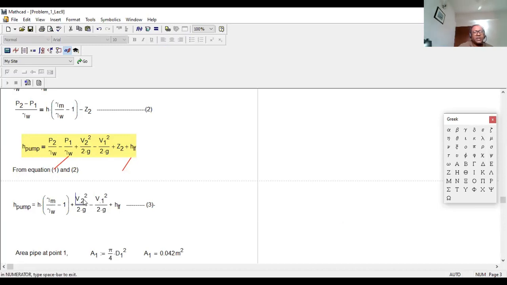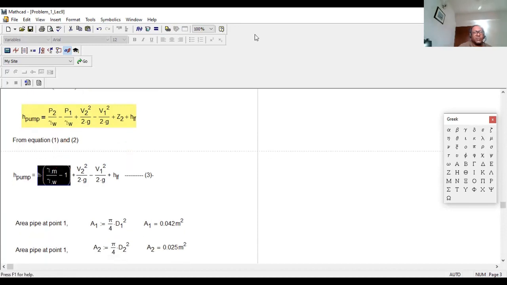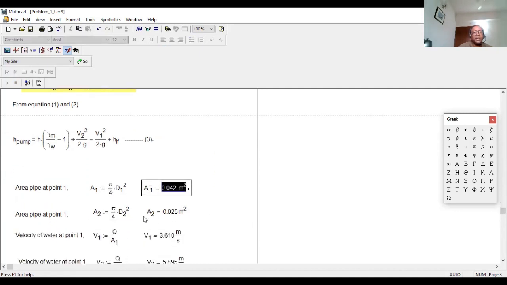Now I will get the V1, V2. H is given, 3.22. V1, V2 from Q by A. Gamma M divided by gamma W is the specific gravity. Specific gravity of water is 1 and specific gravity of mercury is 13.56. So at first you figure out the area at point 1, pi by 4 d1 square, and the area at point 2.